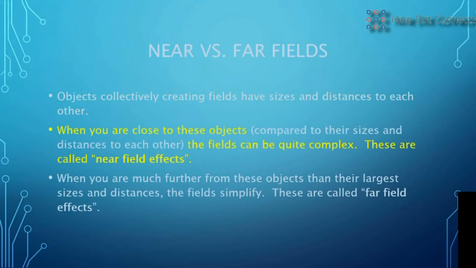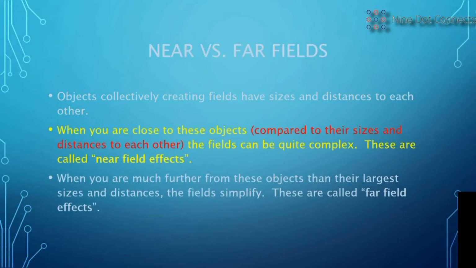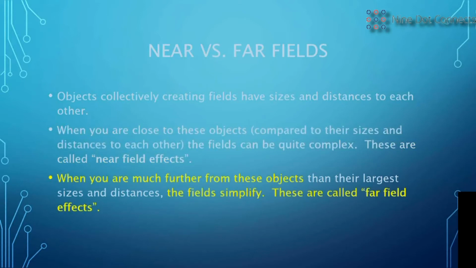These are called near fields, and they are in effect when you are close to them compared to the distances of their sizes with respect to each other. When you are much, much further away from these objects than their largest sizes and distances, then the fields simplify. These are called far field effects. They are quite different, so we need to point them out separately.